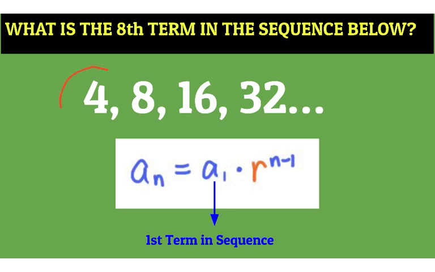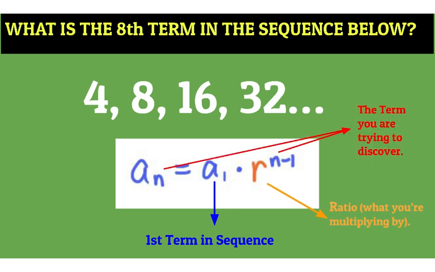So since 4 came first, I would replace this a with a 4. And then the r. The r is the ratio that we multiplied by, that we just went over. And the n is the term you're trying to discover. In this case, we're trying to discover the 8th term.